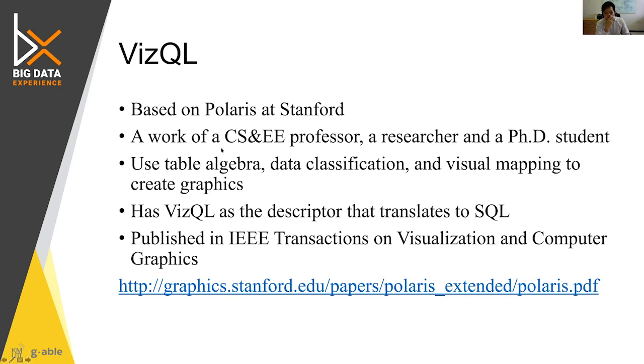This software allows you to do data visualization. It uses the concept of table algebra and automatic data classification, and creates a visual mapping between the types of data and the type of chart that they think you want to see. Like if the system sees the data in numeric format, it would think that you want to see a distribution.